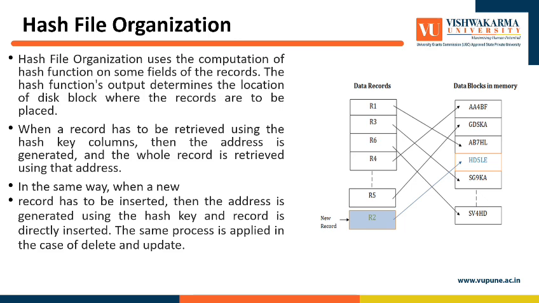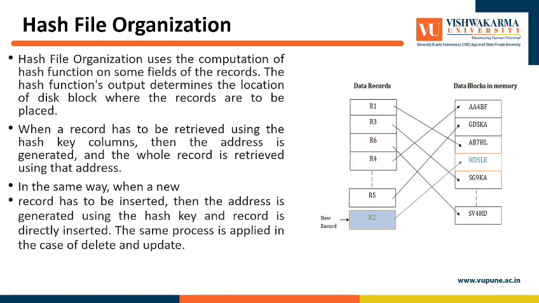Whenever a record has to be retrieved using the hash key columns, the address is generated, and the whole record is retrieved using that address. In the same way, when a new record has to be inserted, the address is generated using the hash key, and the record is directly inserted. The same process is applied in the case of deletion and update.